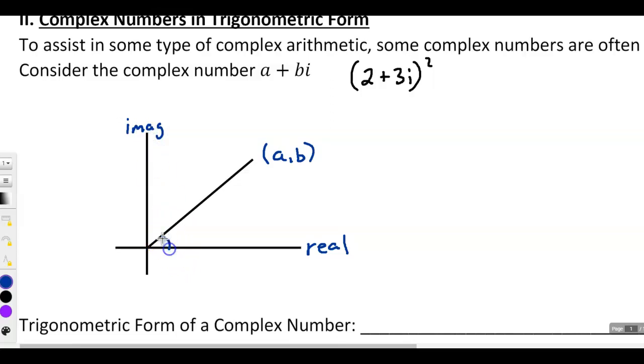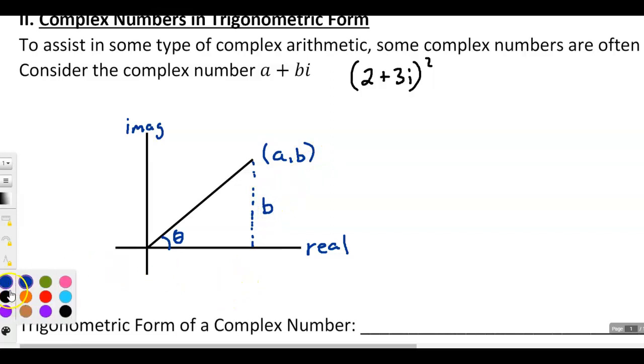And we have some angle theta here. We don't know what it is. We can use a little trig to represent these values. If this is the height here, we know that's considered the y value, so that's this value.